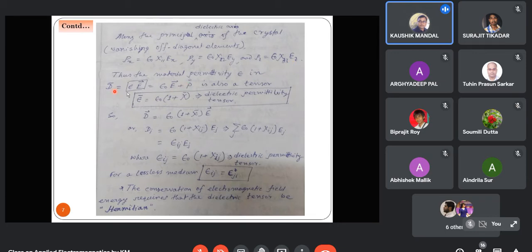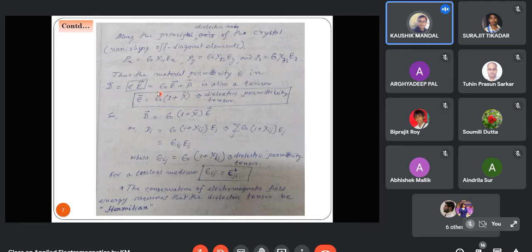So from the material property, D equal to epsilon E, that is epsilon 0 E plus P, that is for the anisotropic material. Now in this equation, if you put P in terms of xi, that is epsilon 0 xi E, then epsilon becomes epsilon 0 times 1 plus xi.